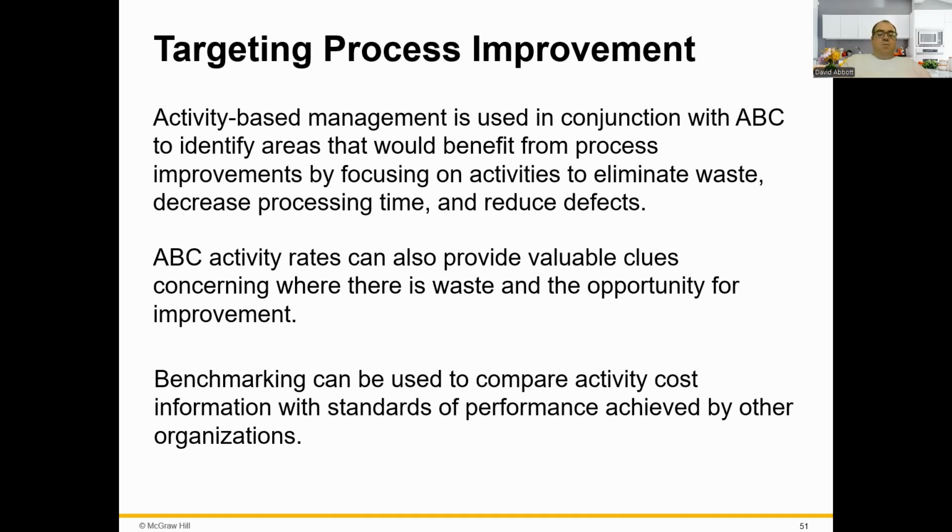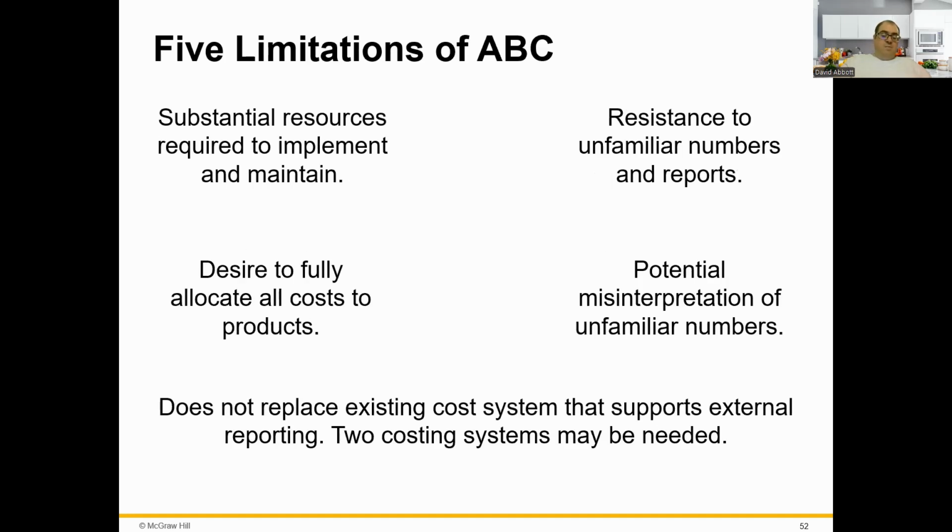The activity rates computed in ABC can also provide valuable clues concerning where there is waste and the opportunity for improvement. Benchmarking can be used to compare an organization's activity rates with standards of performance that are external to the organization.